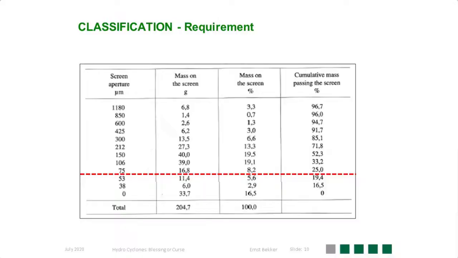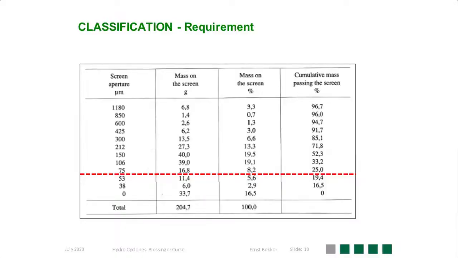So why does the hydrocyclone sometimes provide results that you as a client do not want? One of the main reasons is when you've got a size distribution, as shown in this table.